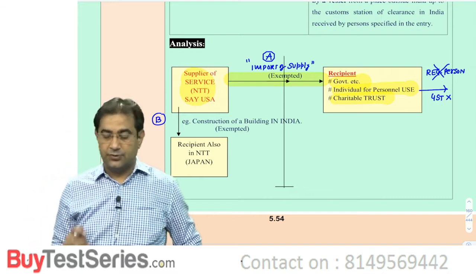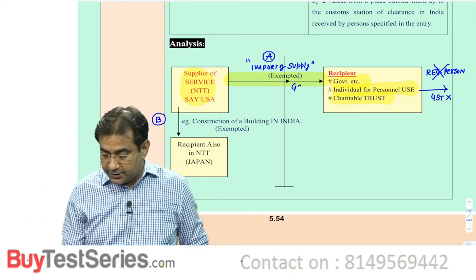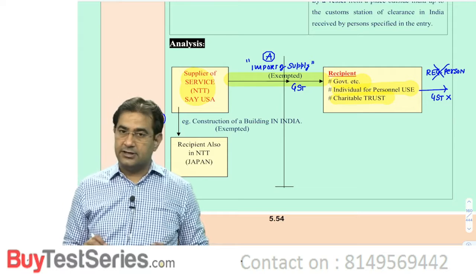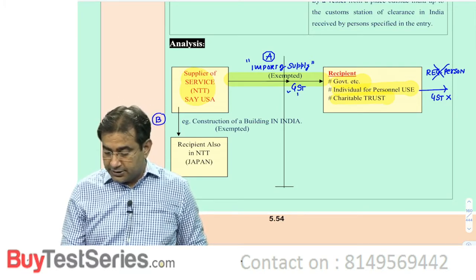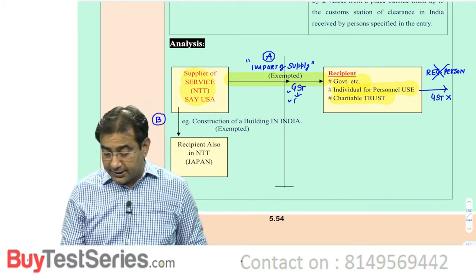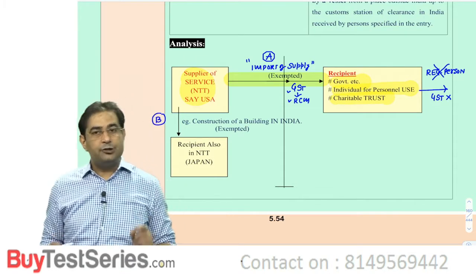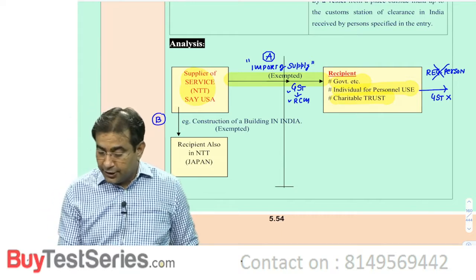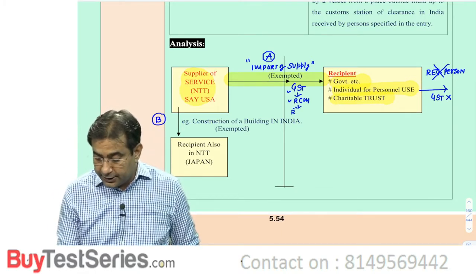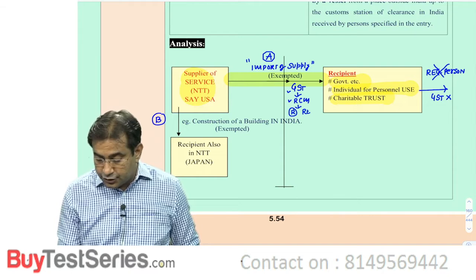But suppose if it is liable to GST in case of import of services, then it will definitely be classifiable under reverse charge mechanism, and as per the provision of section 24, the recipient is required to have mandatory registration.